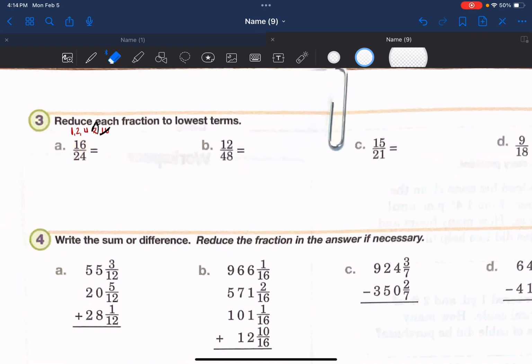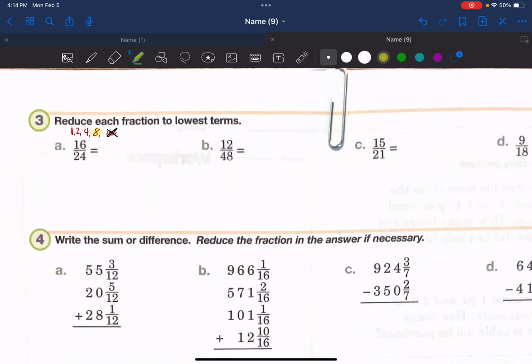Oh no, I didn't mean to erase that. Maybe I'll erase it anyway, and I'll just make it so I can highlight it. So we had 4, 8, and we had 16. So we said 16 didn't work, but 8 did work.